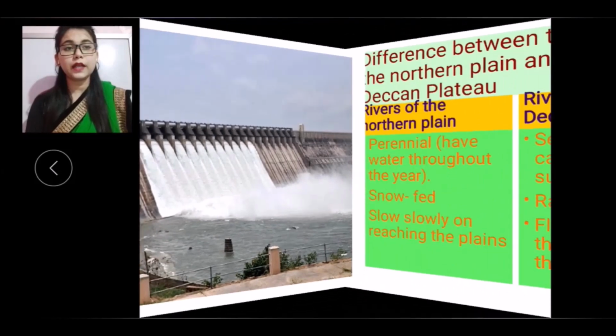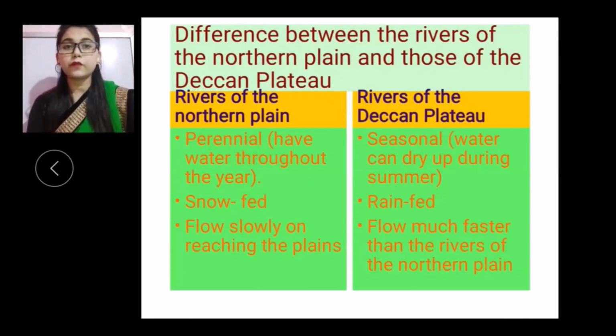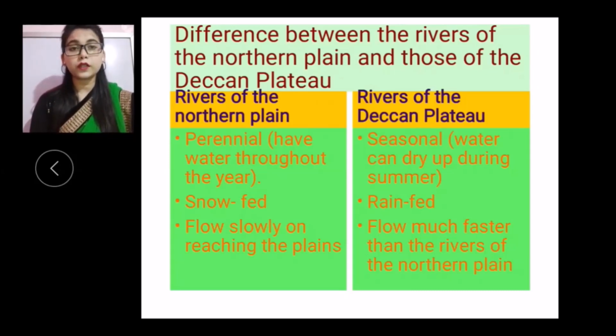Now let's move further and see the difference between the rivers of the northern plain and those of the Deccan Plateau. So students, there is a difference between them. The rivers of the northern plains have water throughout the year because they get the water by melting snow. And the seasonal rivers, the water can dry up during summer because they get the water from rain.